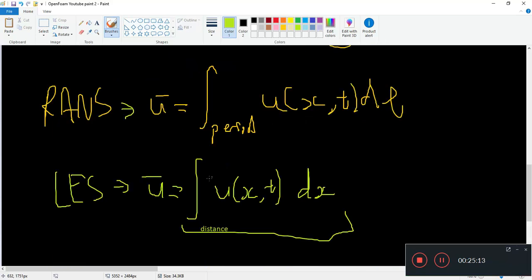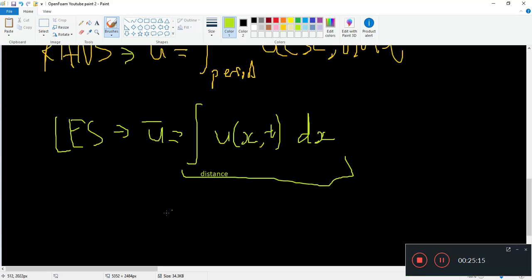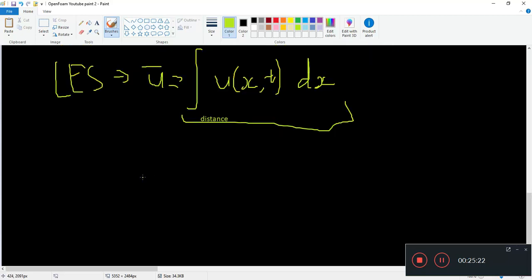So instead of using this, there's a more general way of writing this equation, which you might have seen before.